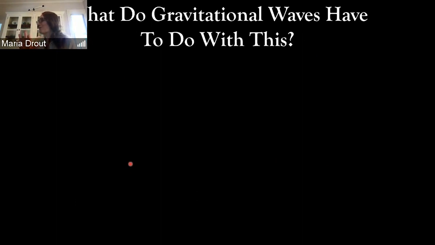What the heck do gravitational waves have to do with any of this if we're just looking for the glow from explosions in the universe? The key is that gravitational waves are incredibly important for this particular science case because they will actually help us find those neutron star mergers in the first place. As a really broad oversimplification, gravitational waves are the jiggling of space-time due to heavy objects that are moving.